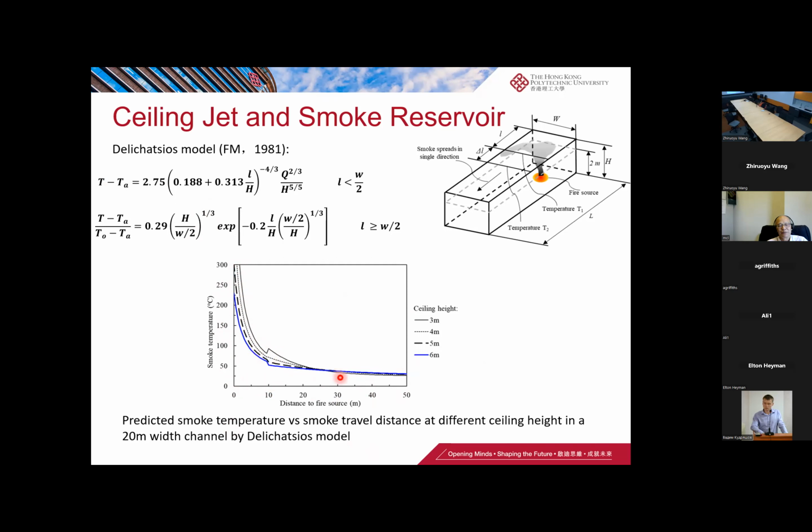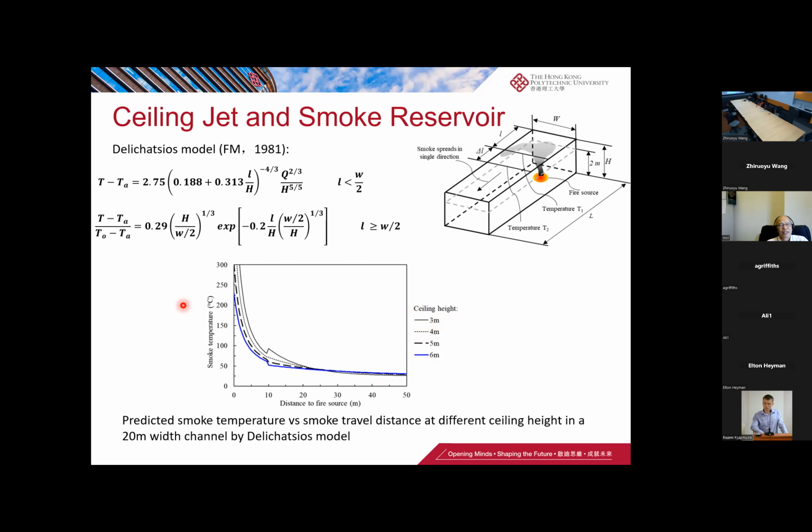Another problem is here: when the smoke travels over 20 meters, for a higher ceiling height like 6 meters, the smoke temperature is higher than for the lower ceiling height. This conflicts with our normal observation, because with a lower ceiling and lower smoke clean height, you should get a higher temperature.